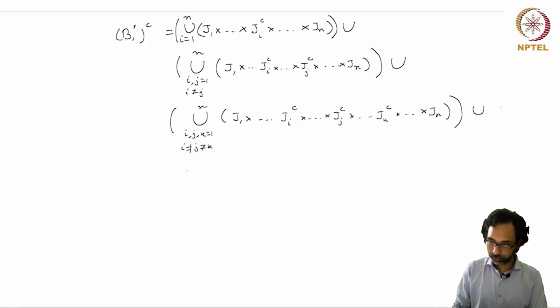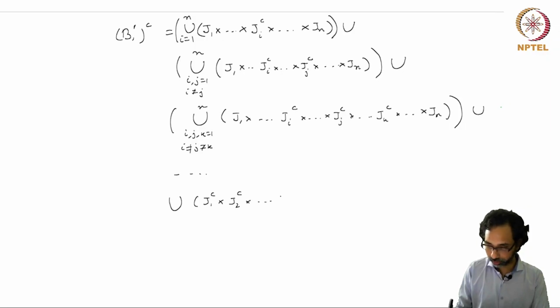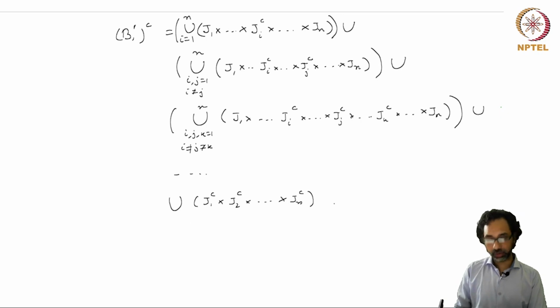And similarly in the end, so you will have many unions, and in the end you have the union of the set J1 complement cross J2 complement cross Jn complement. So here all the n coordinates are with a complement.